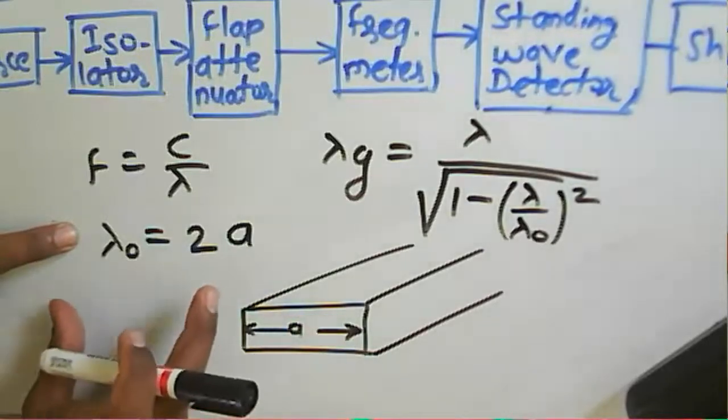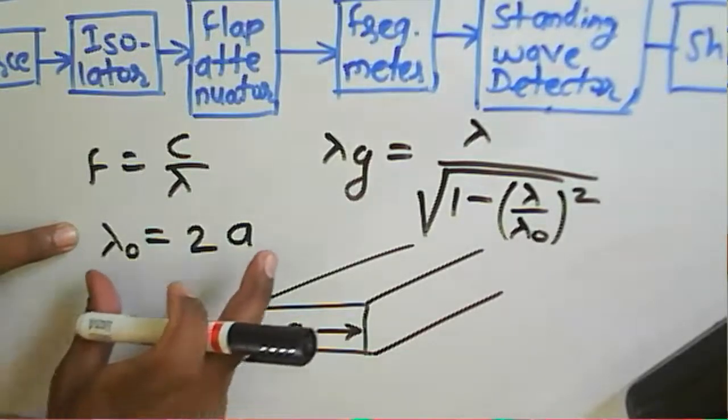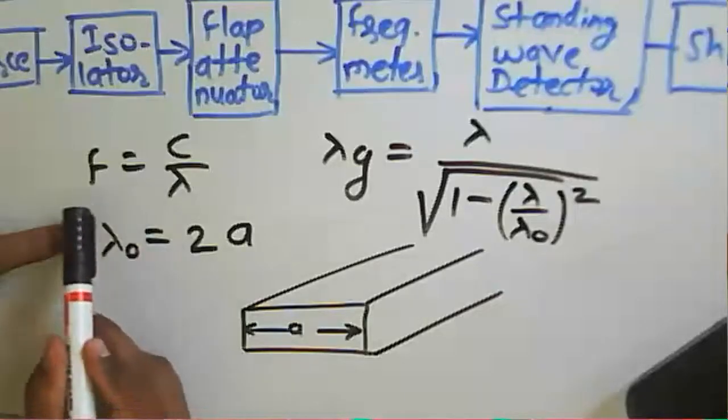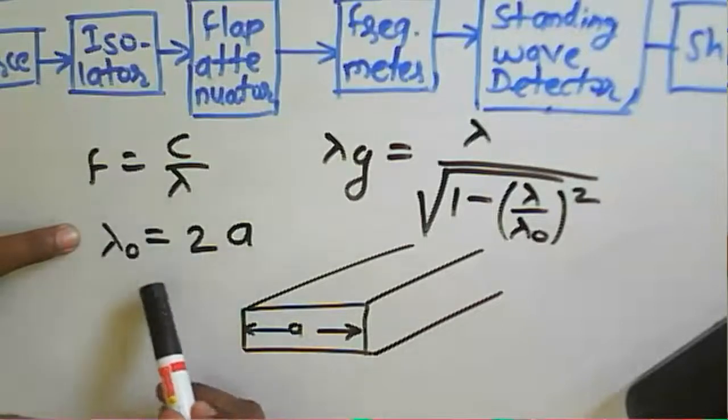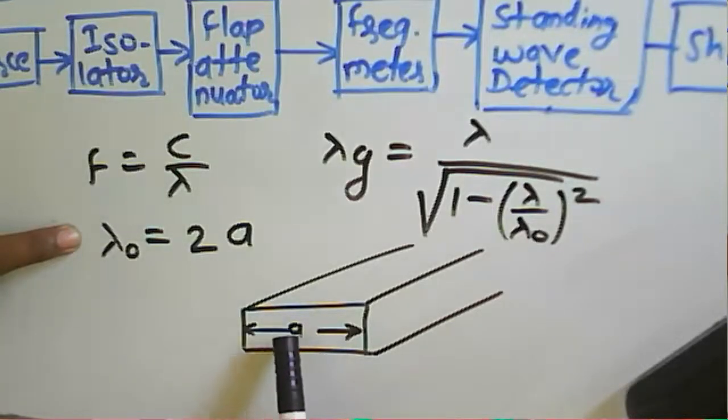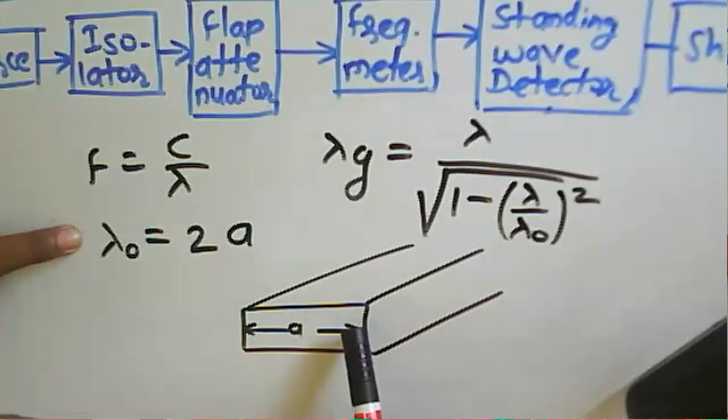So in the case of the dominant mode, the cutoff wavelength lambda 0 is equal to twice a. That means twice the inner distance between the side walls of the waveguide.